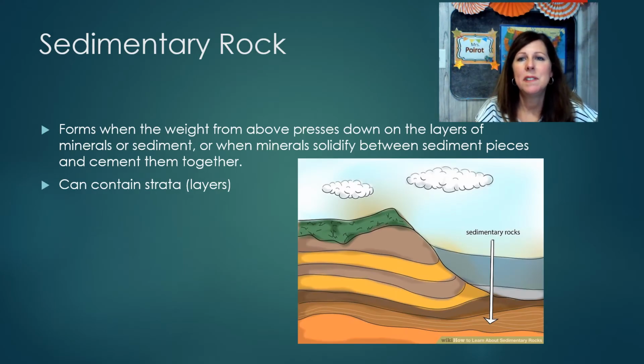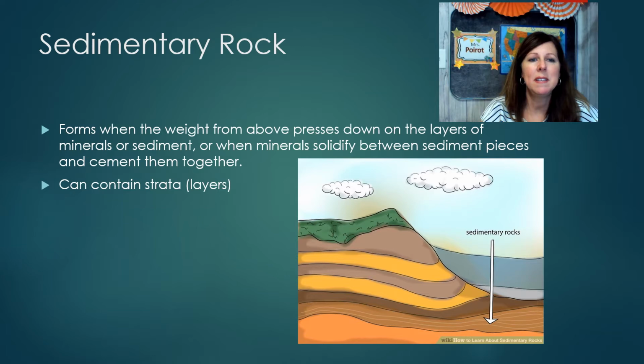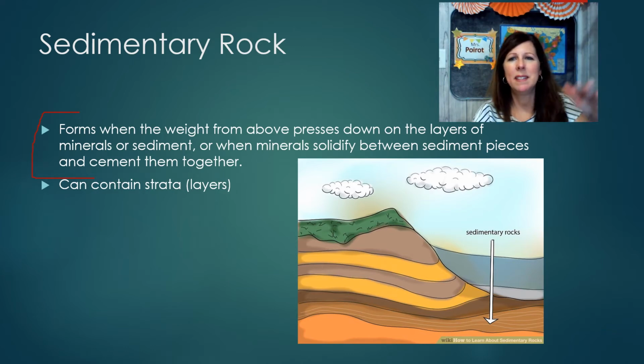So sedimentary rocks are formed when the weight from above presses down on the layers of minerals or sediment, or when minerals solidify between sediment pieces and cement them together. So all of the processes that form sedimentary rock occur mainly near the surface of Earth.